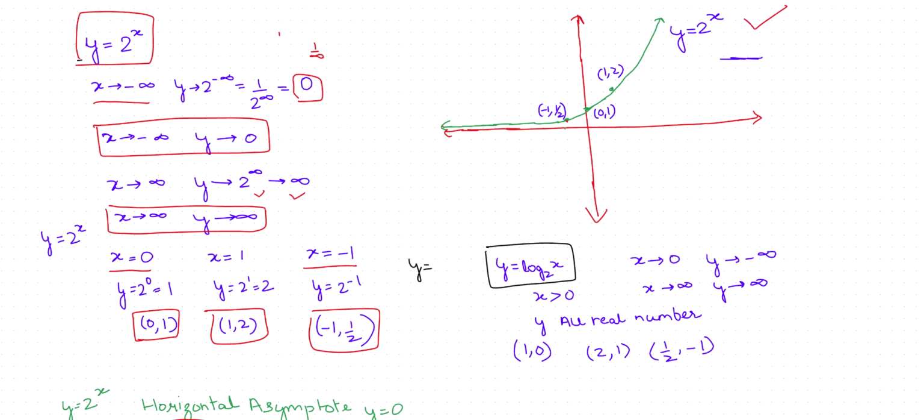And we know that x is greater than 0 and y is all real numbers. Here, log can have values which are all real numbers, that is negative infinity to infinity.